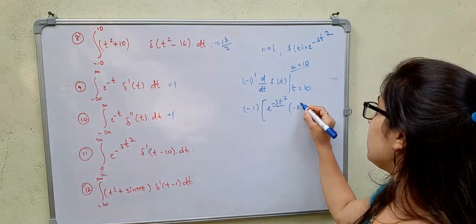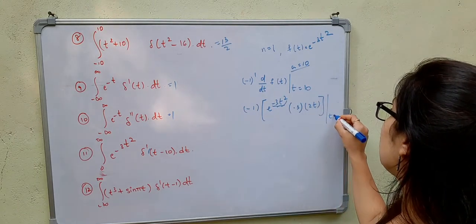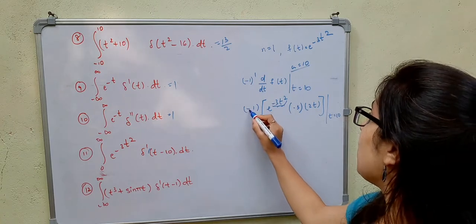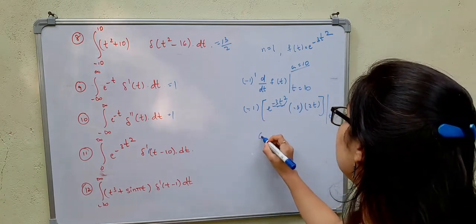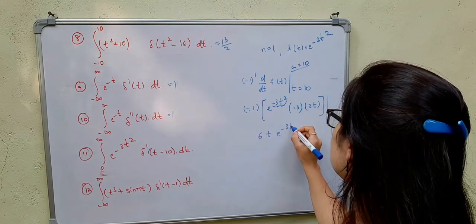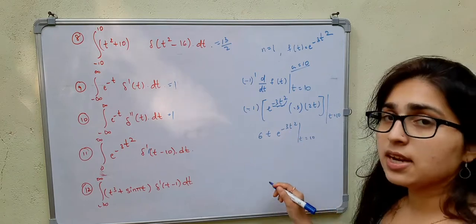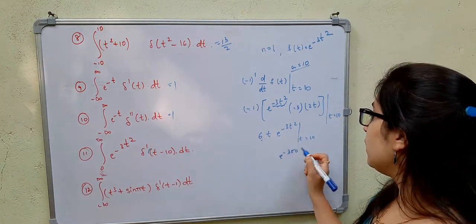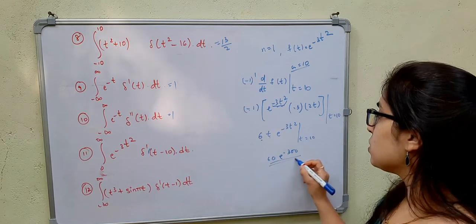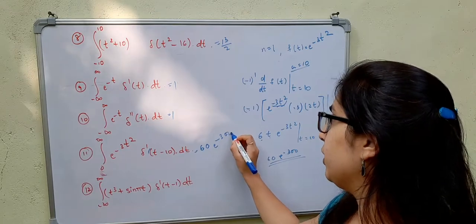It is minus 3 into 2t at t is equal to 10. So this is minus into minus plus, take the constant 3 into 2, that is 6, outside, 6t e to the power minus 3t square, t is equal to 10. t square is 100, so minus 3 into 100, that will be 300, 6 into 10 will be 60. So the answer is 60 e to the power minus 300.